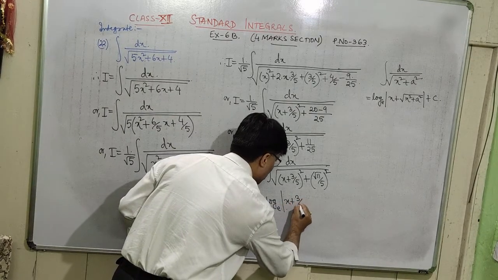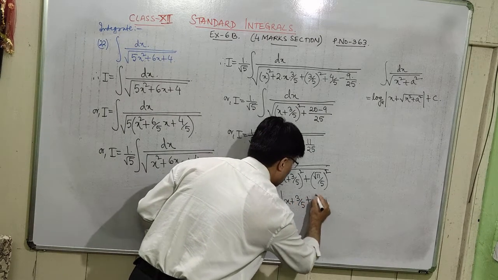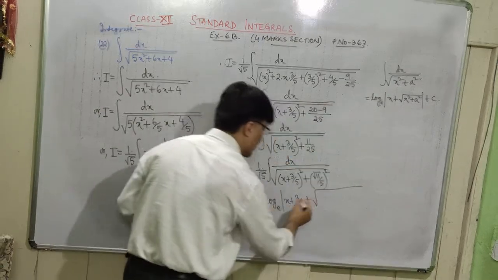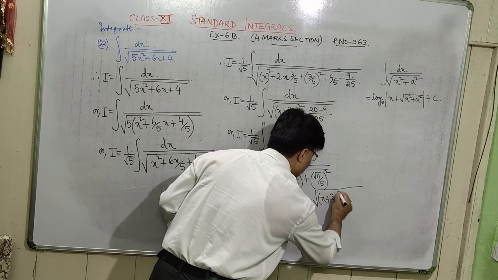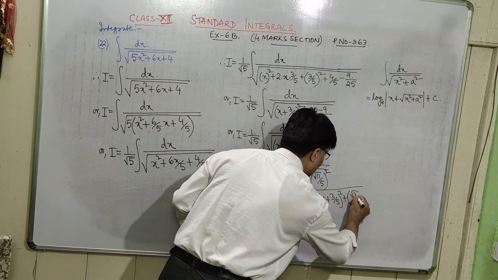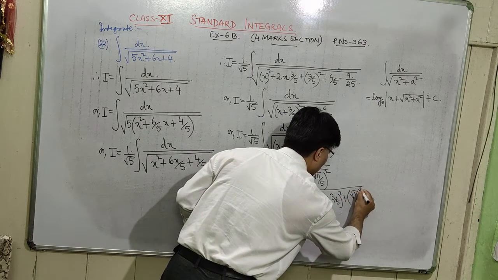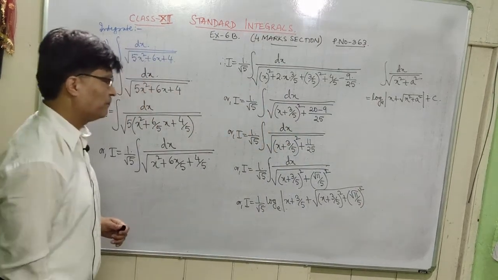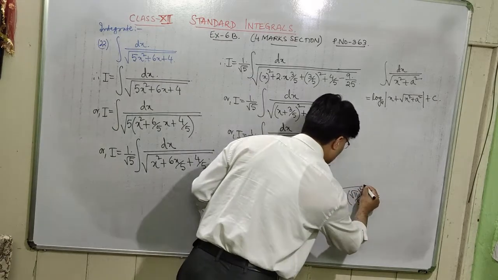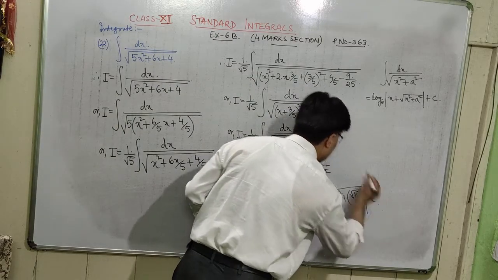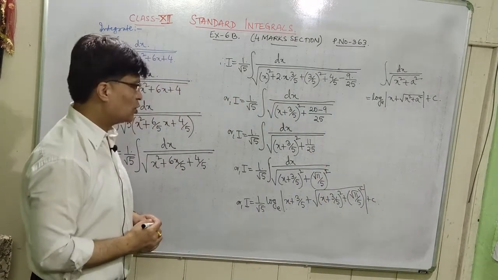It is x plus 3 by 5 plus within square root, x whole square, x plus 3 by 5 whole square, plus a whole square, root over 11 by 5 whole square. Okay, so then mod sign is closed. Then you have to write plus c.